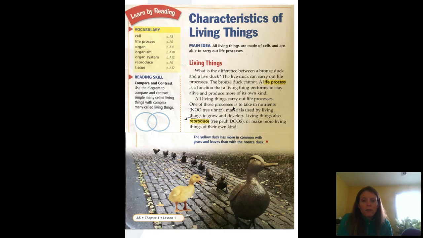One of these processes is to take in nutrients, materials used by living things to grow and develop. Living things also reproduce, or make more living things of their own kind. So, boys and girls, let's go back to this word nutrient. The types of nutrients that we take in as humans would be any type of food that you eat or water that you drink.